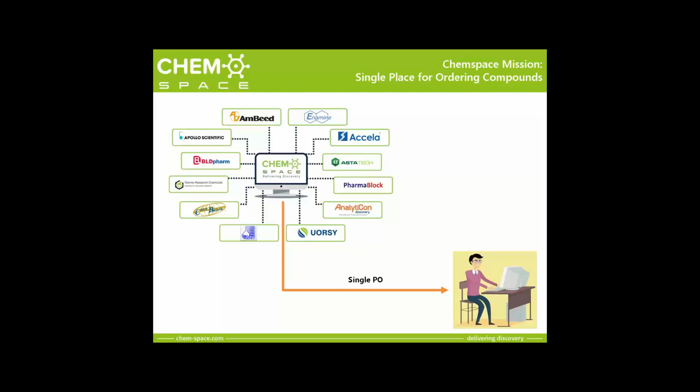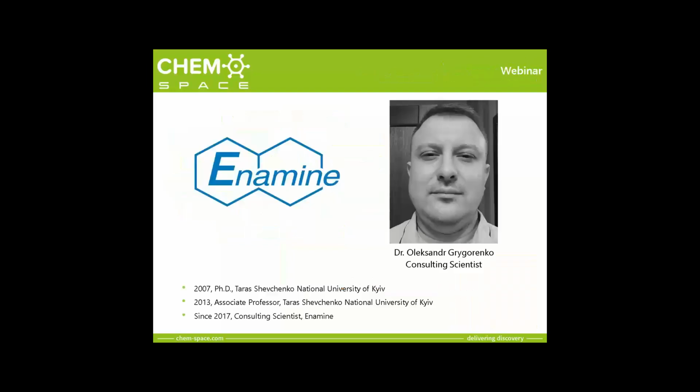Today we would like to start from Enamine and their research. This is a research-driven company, and today Dr. Oleksandr Grygorenko, consulting scientist at Enamine, will talk about the research they're doing to enlarge and expand their catalog.